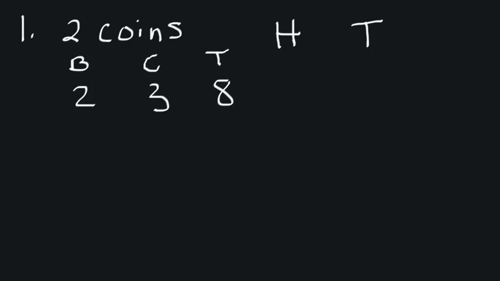If I get to choose one of each one of these things, how many different varieties of pizzas could I make? 48. 2 times 3 times 8. Now it gets more complicated if I get to pick more than one. But if I just get to pick one of each one of these things, then I would have 48 different outcomes in my sample space.